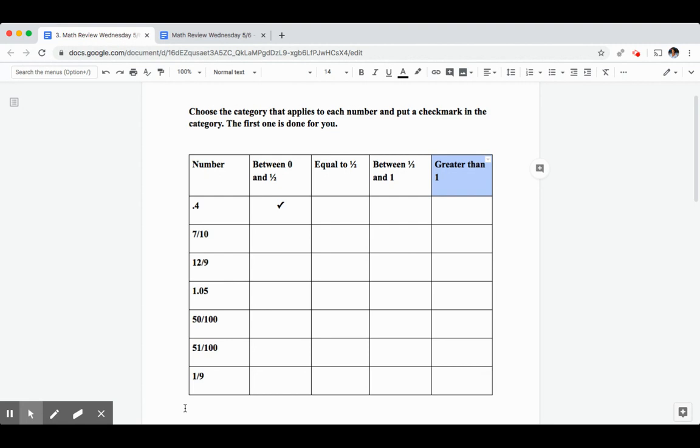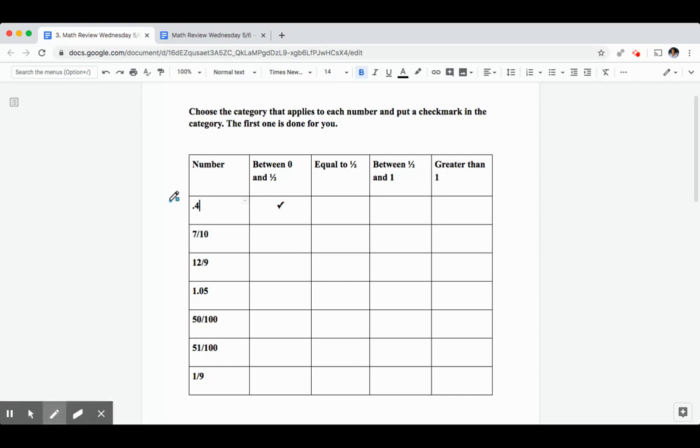So a way to make this more friendly for yourself is to rewrite any of the numbers that are not written as fractions as fractions. We have here 0.4 and 1.05, and those are the only two that are not written as fractions. How can I rewrite those decimals as fractions?